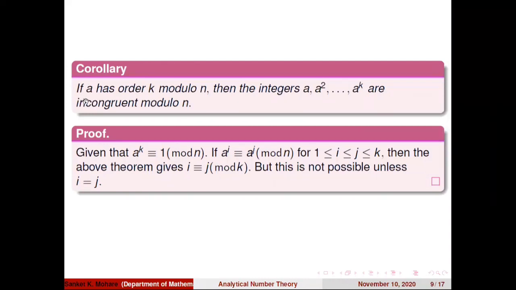So let's have: if a has order k modulo n, then the integers a, a square, and so on up to a to the power k are incongruent modulo n.